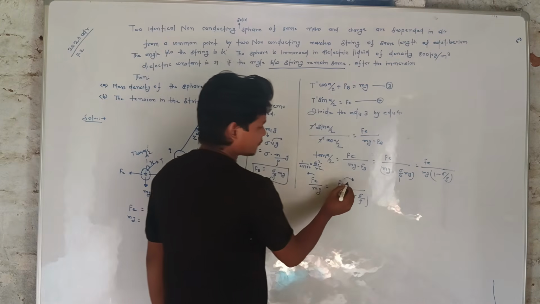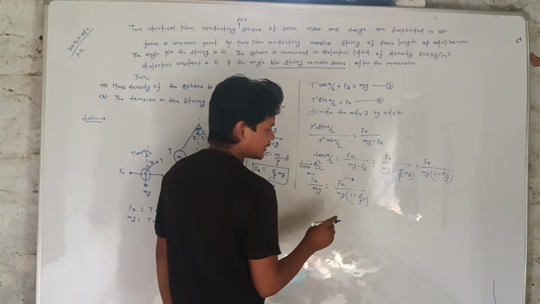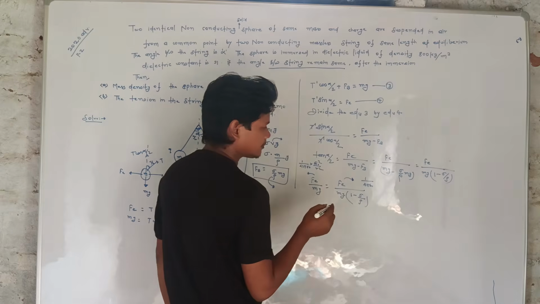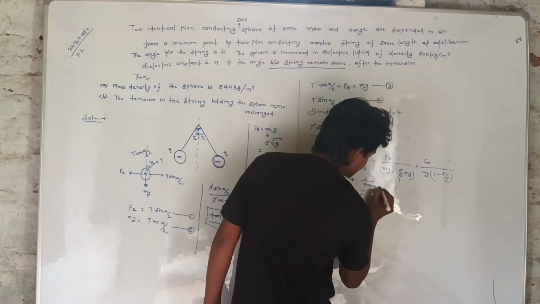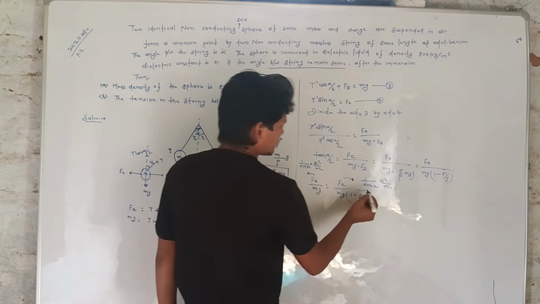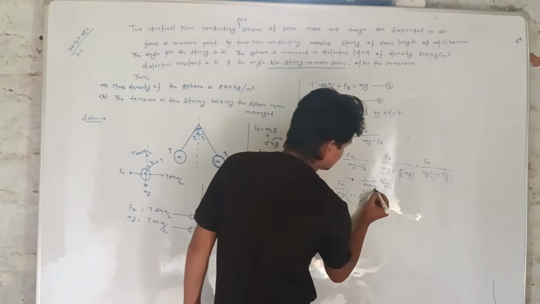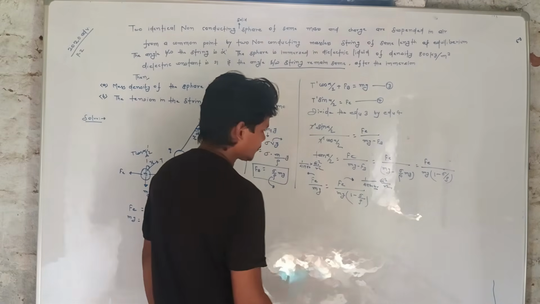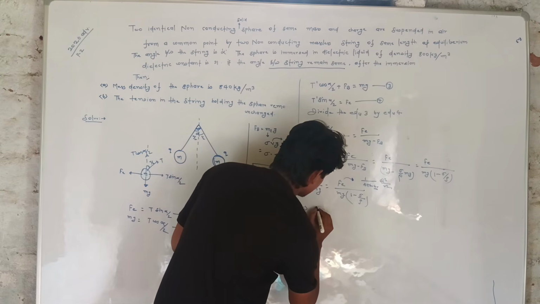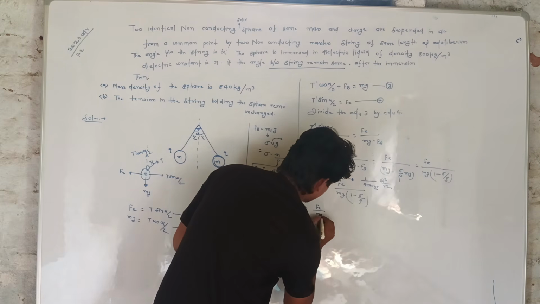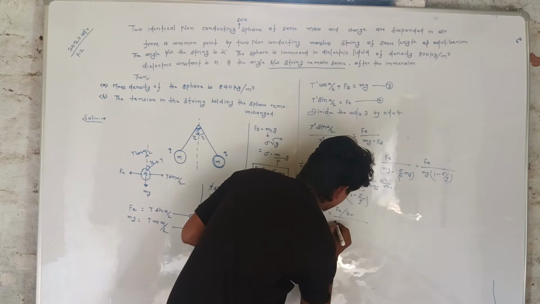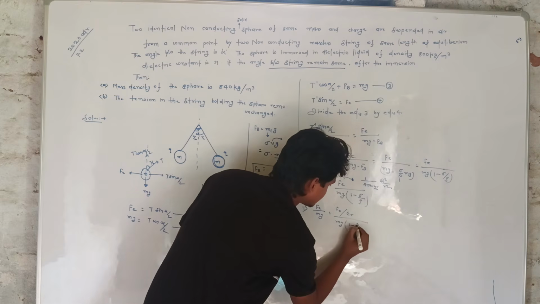This is for the air, and for the liquid the Fe differs, that is 1 by 4 pi epsilon naught, and due to the dielectric medium, epsilon r, into q square upon r square. So here there will be only one variation, that is epsilon r. So we can also write Fe upon mg is equal to Fe by epsilon r upon mg into 1 minus sigma upon rho.